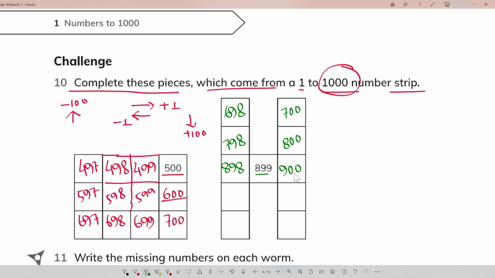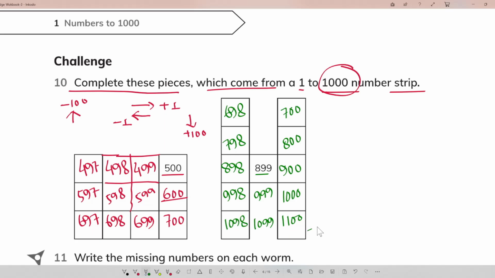So here is, just think, down it will be 1000, and here is 999, and here is 998. Okay, and simple thing, here should be 1100, and here is what? 1099, and here is 1098.